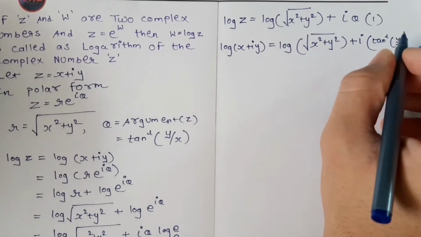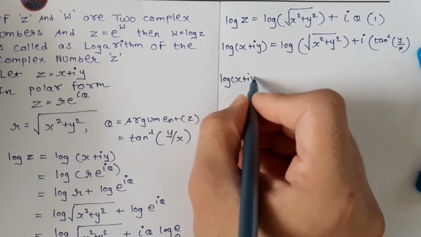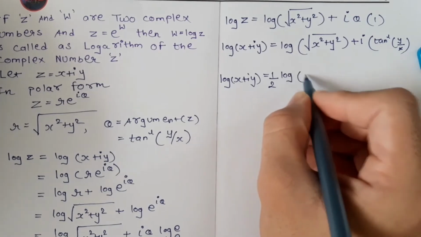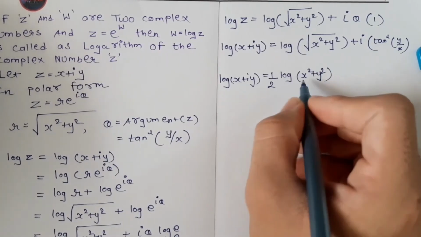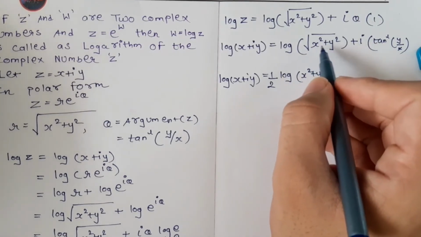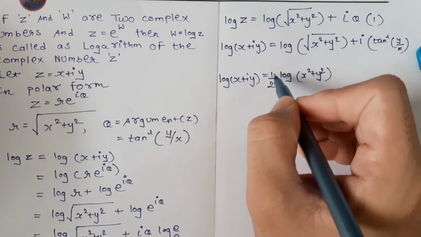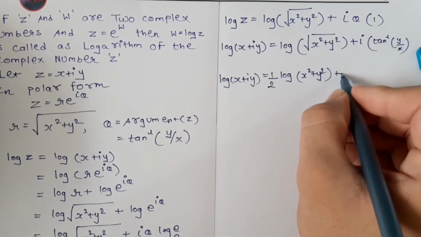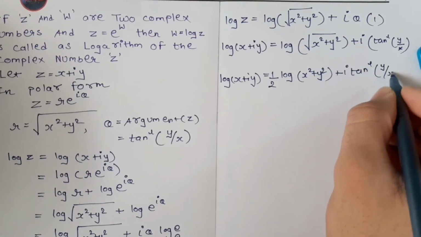So log of x plus iy equals 1 by 2 into log of x square plus y square. I hope you understood this step: this is x square plus y square the whole raised to 1 by 2, so this 1 by 2 has come downwards. So it will be 1 by 2 into log of x square plus y square plus i into tan inverse of y by x.